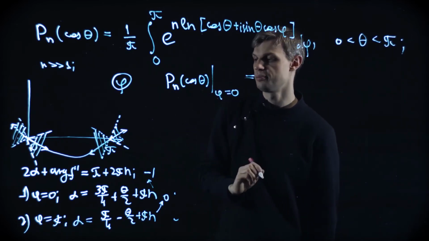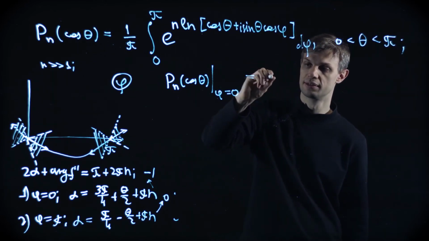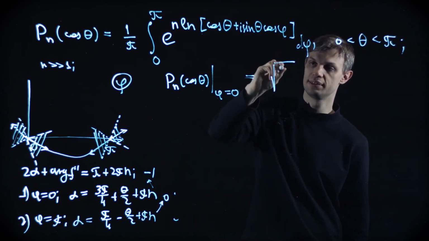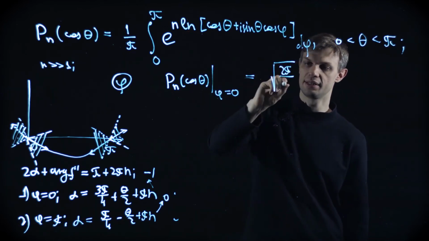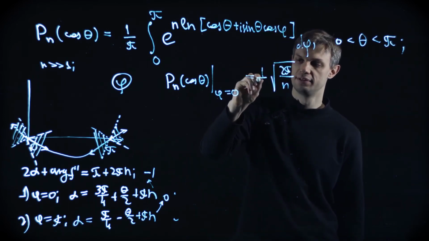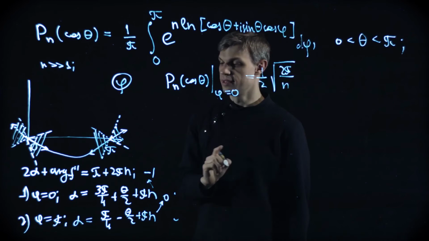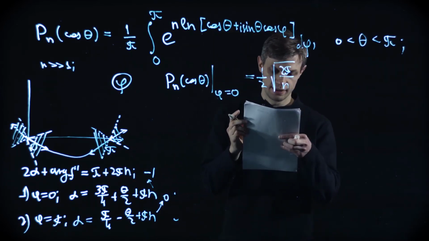Well, it's standard. As you remember, it's square root of 2 pi over lambda. Lambda is n in our case. So we need to plug in 1/2, and the modulus of f double prime.